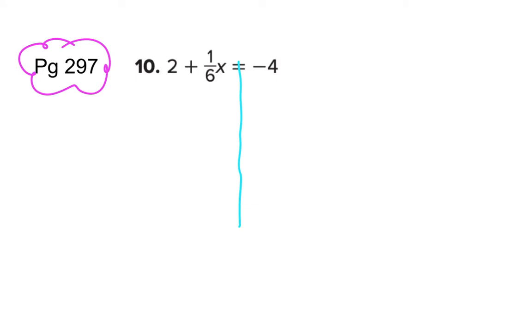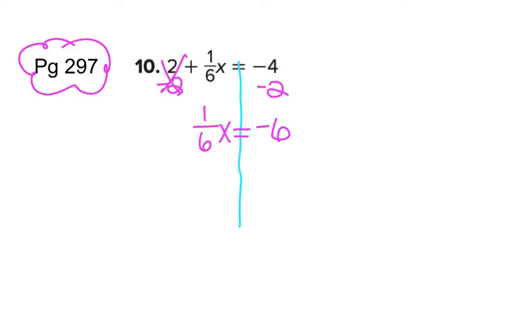I'm isolating that variable. The way I have to do that is subtracting 2 from both sides so that I can have 1/6 x by itself. Over on the right side, I've got -4 plus -2, or -4 minus 2, and I get an answer of -6.